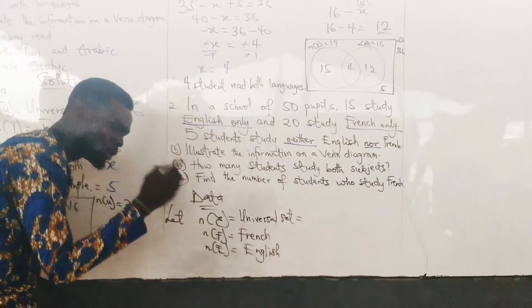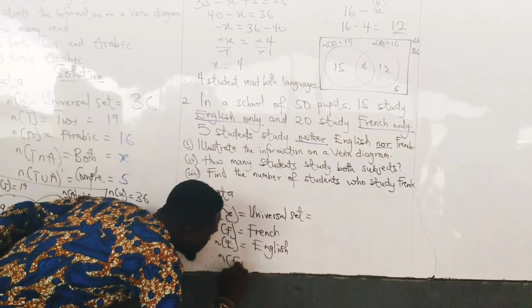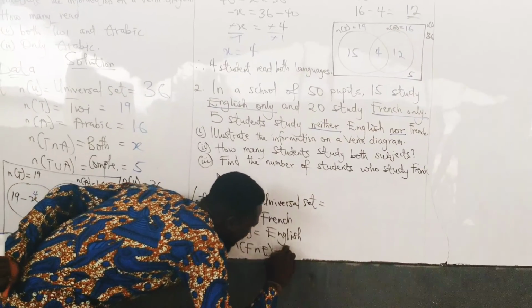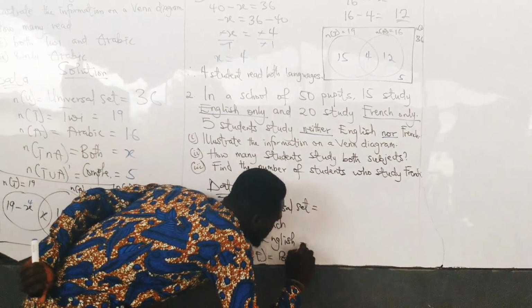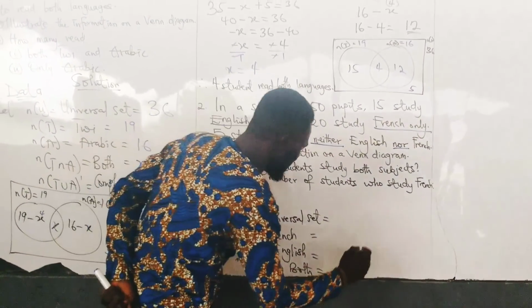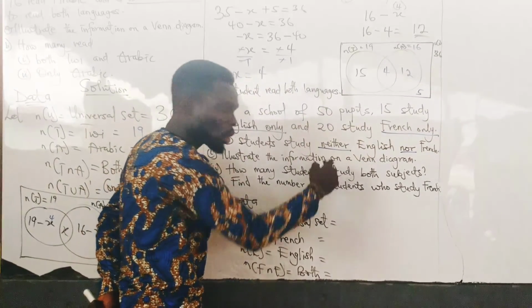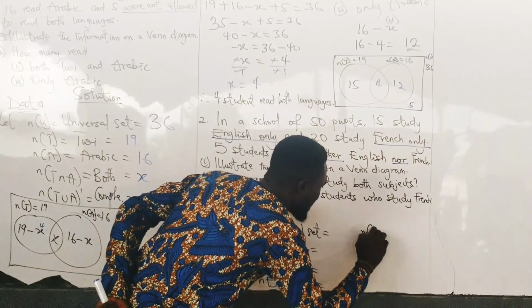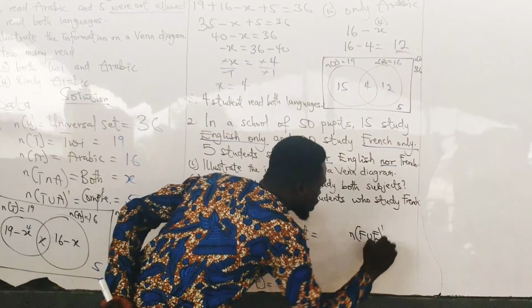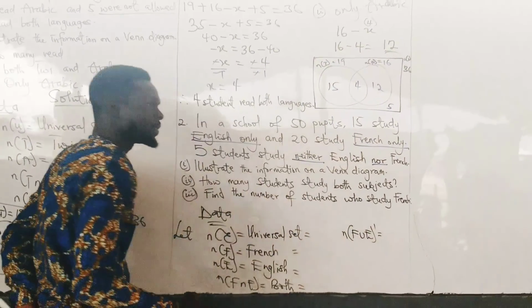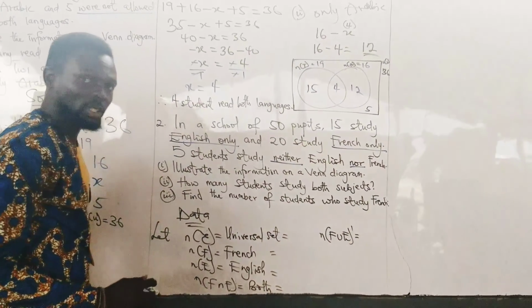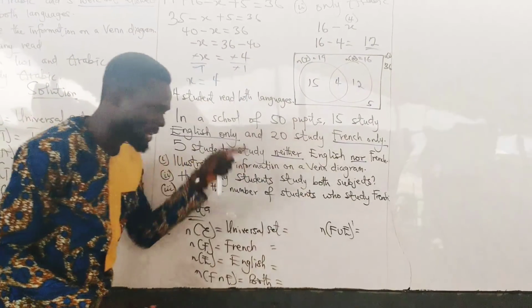Definitely we are going to get both, so we have F intersection E as both. Let's continue here. Since we are having complements, we say (F union E) complement, or prime. So this is the complement or the prime.